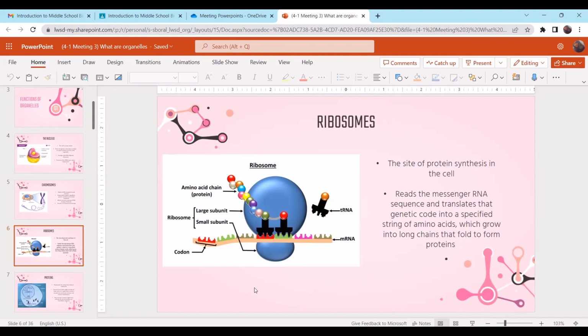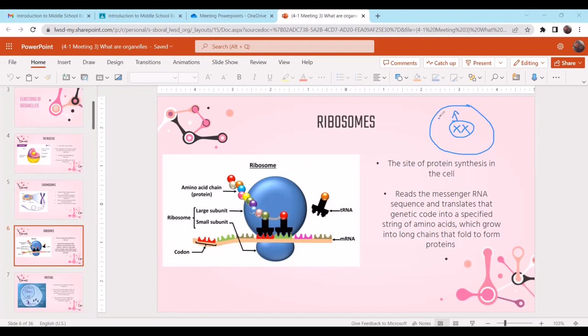So hold on, let me see if I can draw on this. Okay, think of this entire thing as a cell, and the nucleus is right inside. Your DNA is in here in the form of chromosomes, 23 pairs of these. And the mRNA basically carries DNA from the nucleus into these ribosomes.